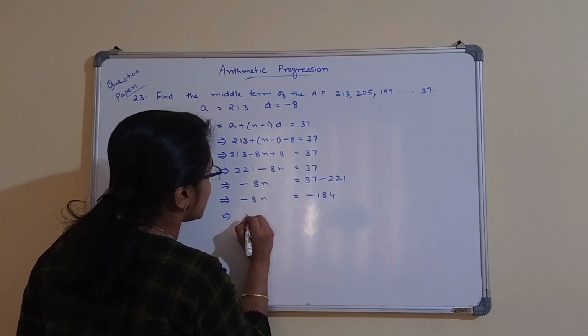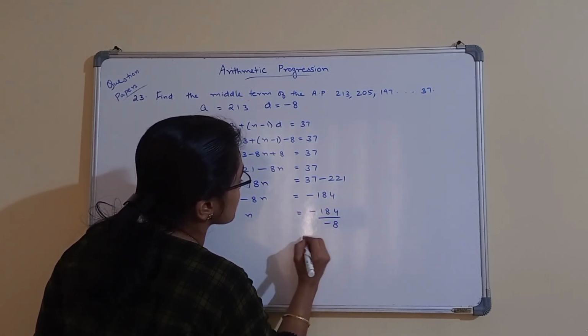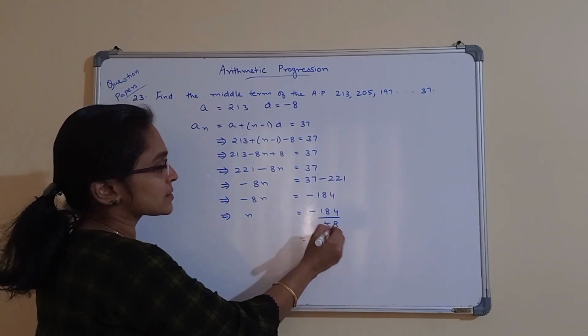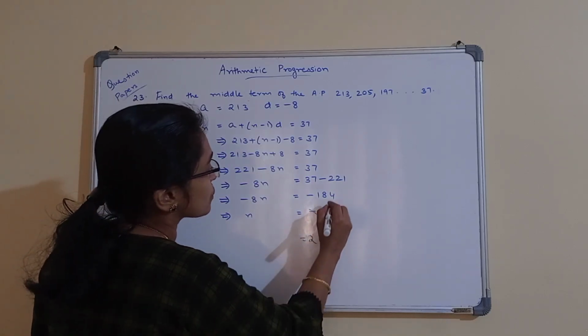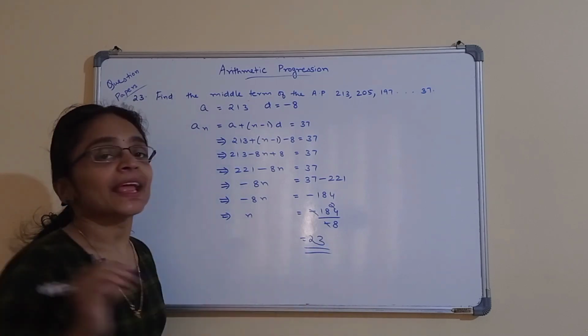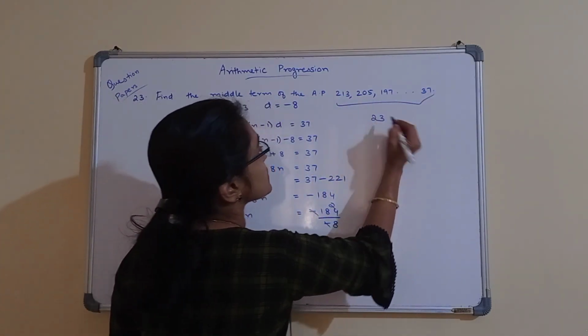So n is equal to minus 184 by minus 8, which is equal to 23. So we got n as 23. So there are 23 terms in this AP.